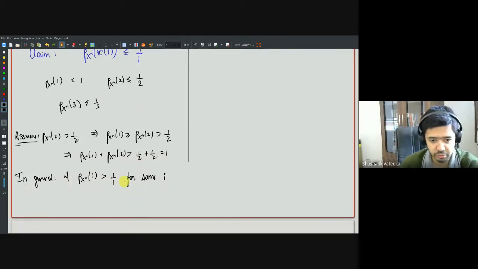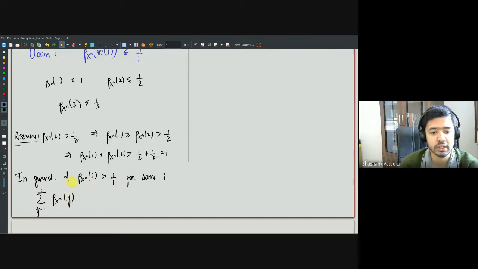If it is greater than 1 over i, then obviously consider the summation over j equal to 1 to i of P_Xn of j. Now all of these values should be greater than 1 over i, right?